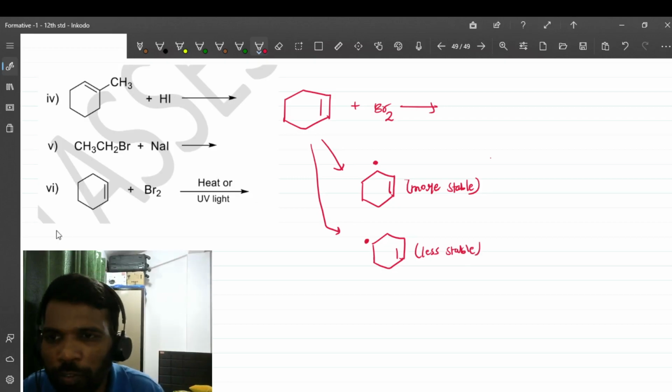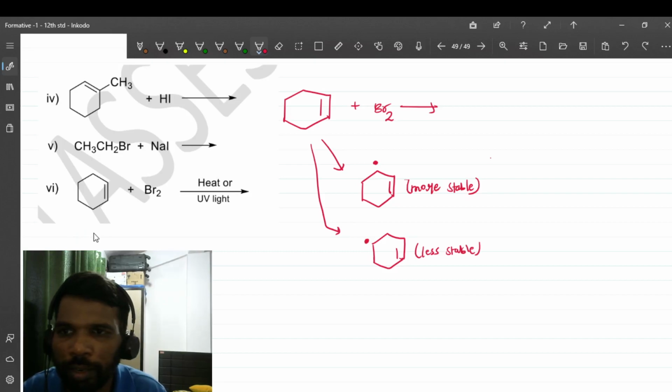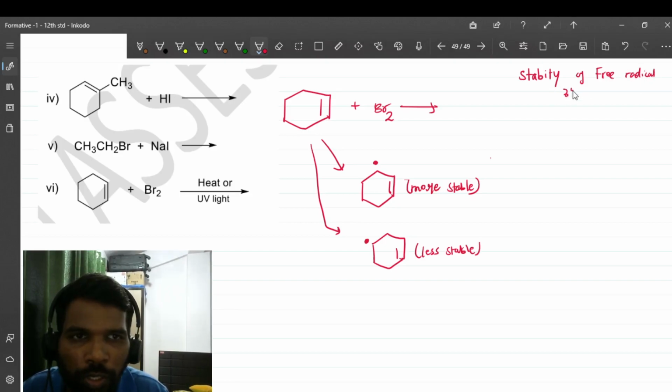See, stability of free radical is of this order. Tertiary is more stable, then secondary, and then least stable is primary. But over here, both are secondary. This free radical is also connected to 2 carbon. Here, this is also connected to 2 carbon.